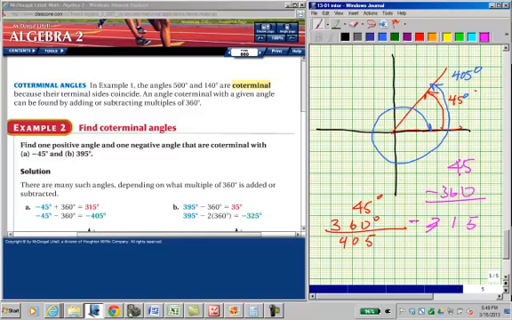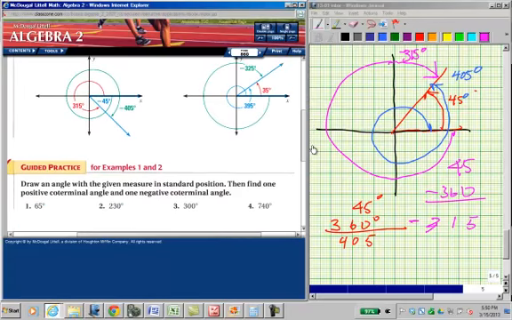So we're going to start at the initial side, and we're going to go clockwise: negative 90, negative 180, negative 270, and another 45, and that'll be negative 315. Okay? So 45, 405, and negative 315 all have the same terminal side. All right, they're coterminal.